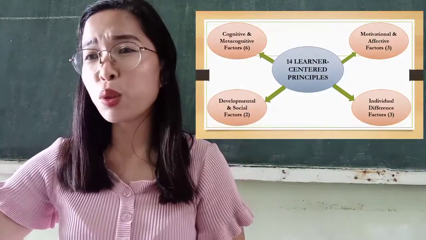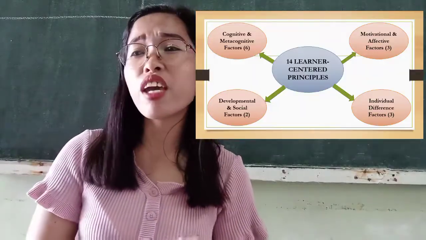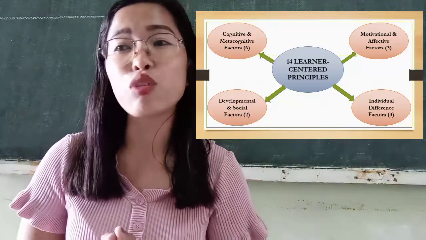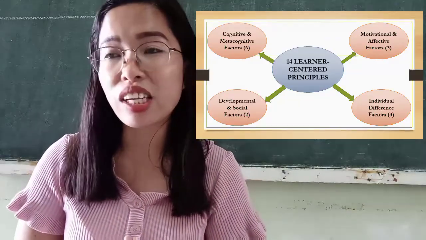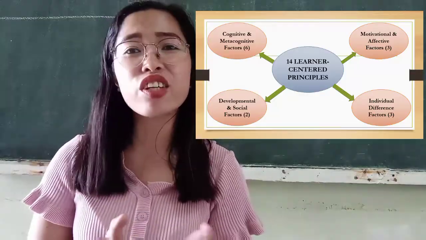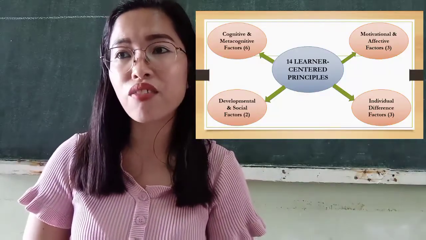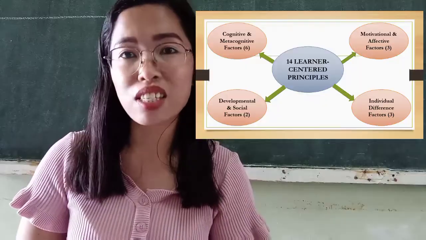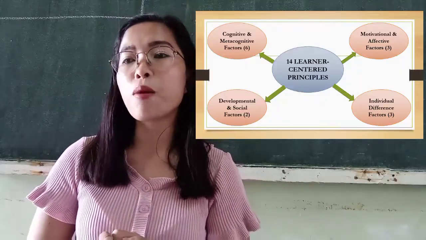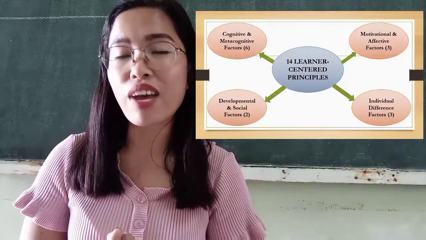Okay? So next, we have here the 14 learner-centered principles that are divided into 4 categories. The first category is cognitive and metacognitive factors. Under cognitive and metacognitive factors, we have 6 principles. Then the next category is motivational and affective factors.